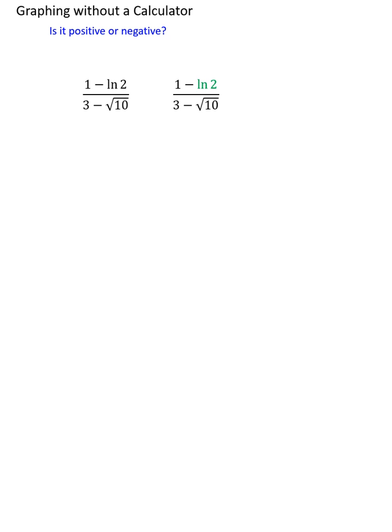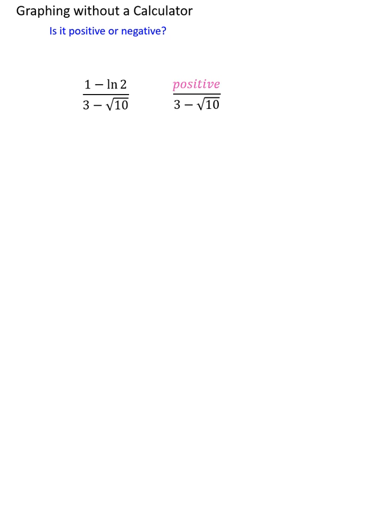And so my numerator is essentially 1 minus a number that's between 0 and 1. You shouldn't need a calculator to know that 1 minus a number between 0 and 1 is positive. So we know that the numerator of this fraction, whatever it may work out to in decimal form, is a positive number.